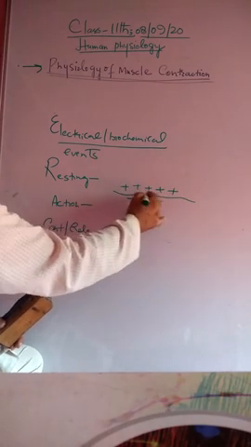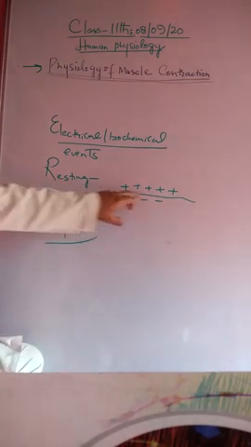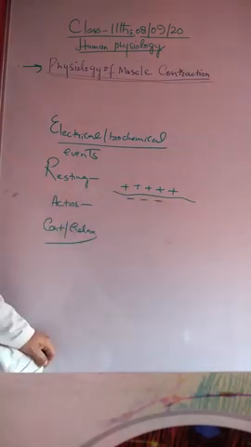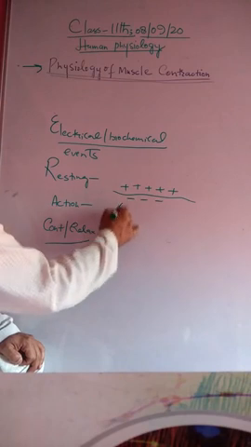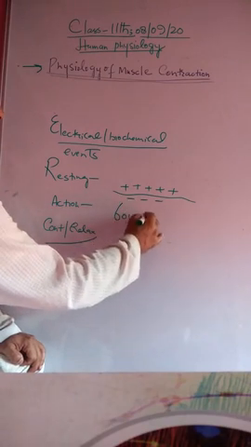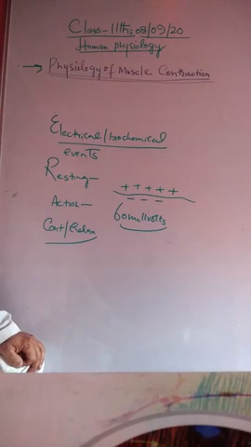This is the sarcolemma, or plasma membrane, which surrounds the muscle fiber. It amounts to about 60 millivolts of potential difference.